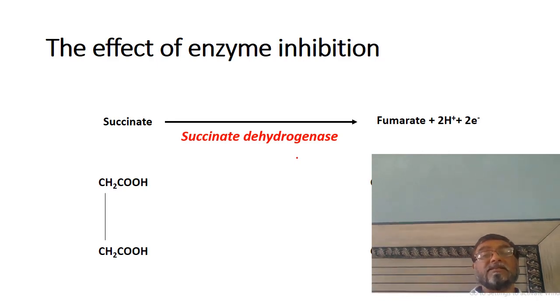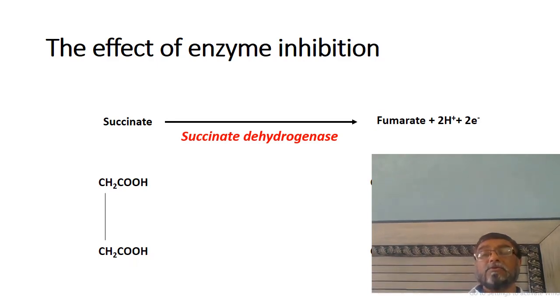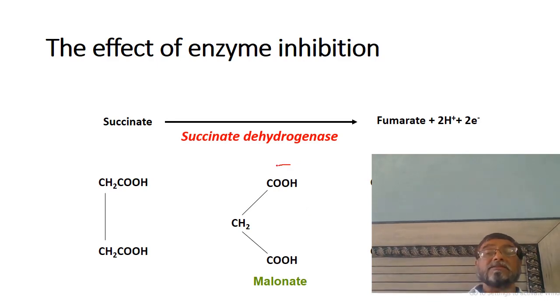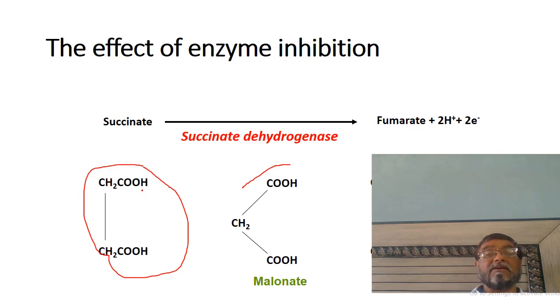You can see succinate, CH2COOH, CH2COOH, and fumarate, CHCOOH. This is the substrate actually, and the succinate dehydrogenase enzyme acts on it. This other compound is more similar to succinate. This is malonate, CH2COOH, CH2COOH. These are almost the same.